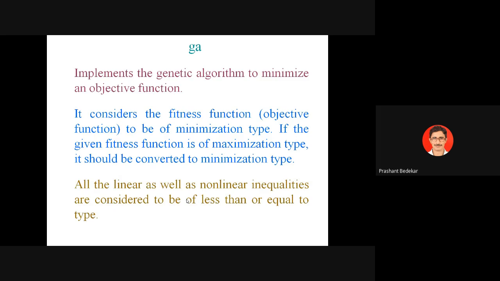Then, all the linear as well as non-linear inequalities are considered to be of less than or equal to type. Very much parallel to fmincon. You will find that the syntax is also similar with a very small difference.